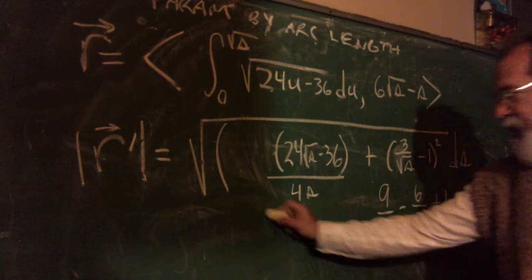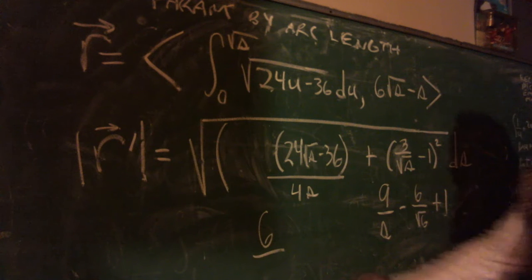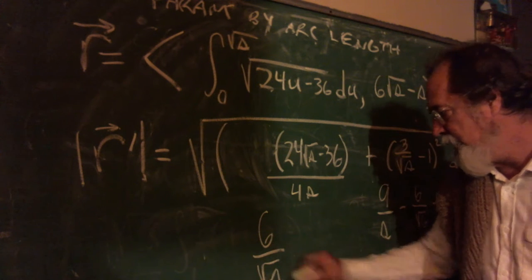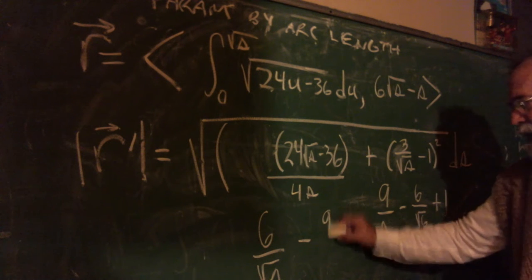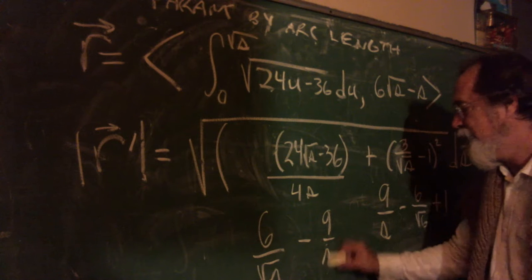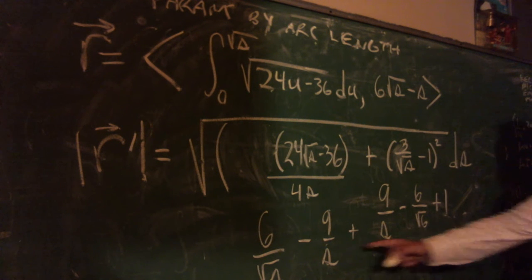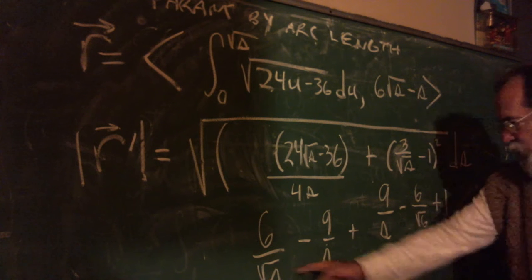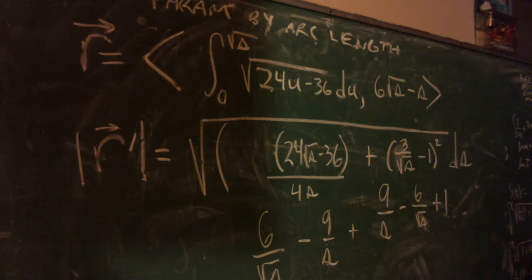I get a 6 over square root of s, and I get a minus 9 over s. And don't forget that plus sign is still there. So the 9 over s's cancel. The 6 over square root of s's cancel. And all that's left is a 1.